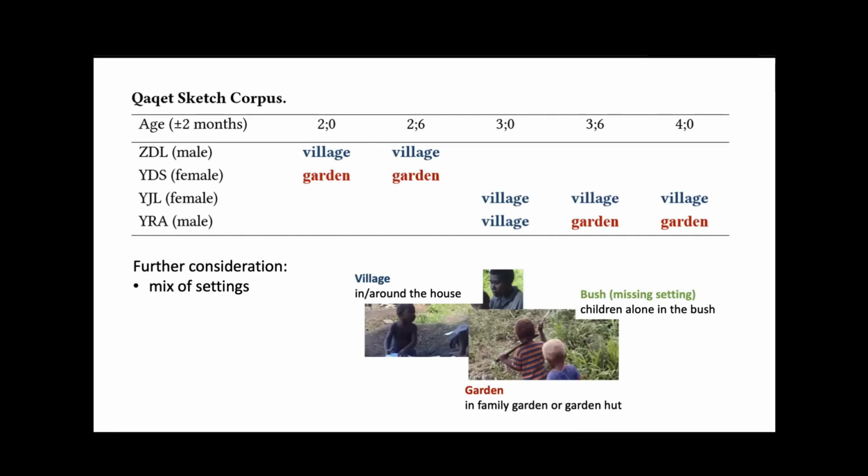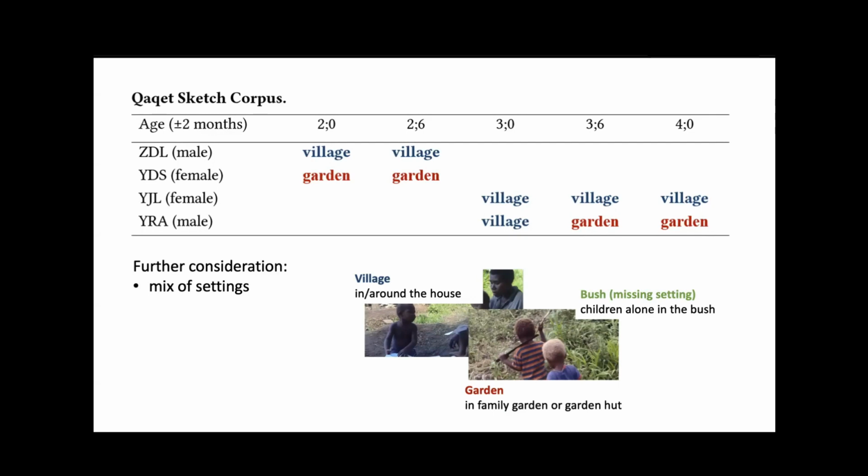That's in the village, where they play or stay in and around the house. It's in the family garden, which is usually some kilometers away from the village, in the bush, where they stay with their family, doing subsistence gardening. And a third setting, children alone in the bush, so groups of younger and older children without any adults roaming around in the bush.